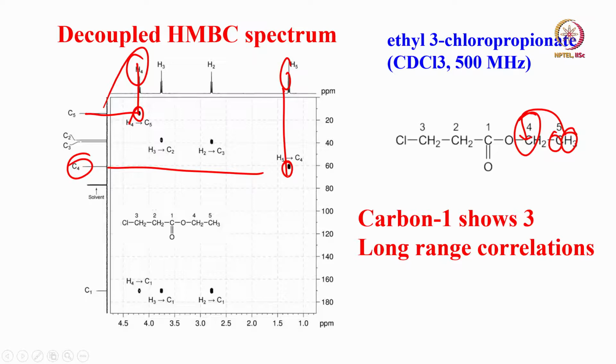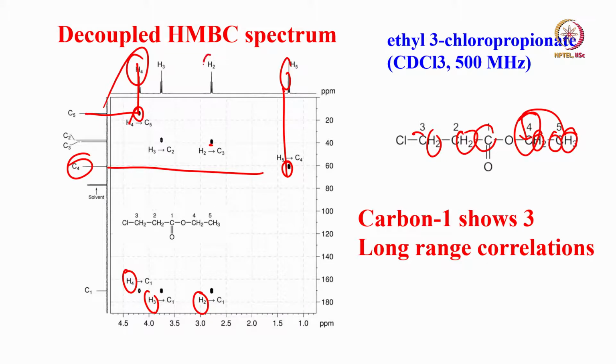Very easy. Similarly, you can look at all other things. But interestingly, this carbon 1 has a correlation to 3, 4 and 2. It correlates to proton 2, proton 3 and proton 4 because there is a long range coupling for this. Like this, you can start analyzing the HMBC spectrum. Look at this one, carbon 2.